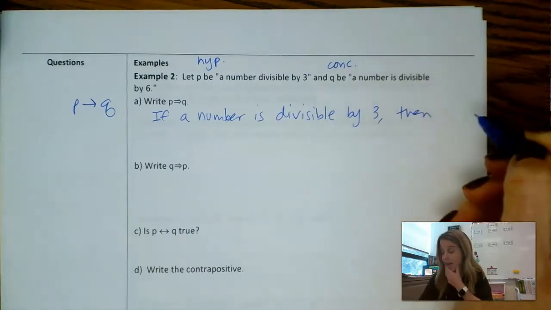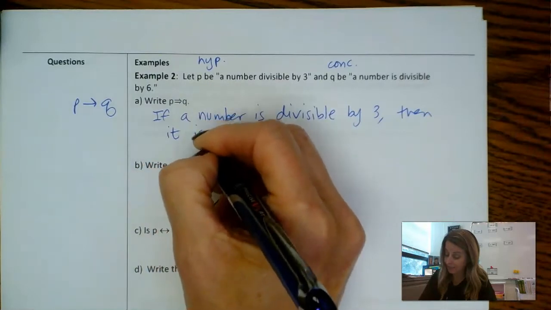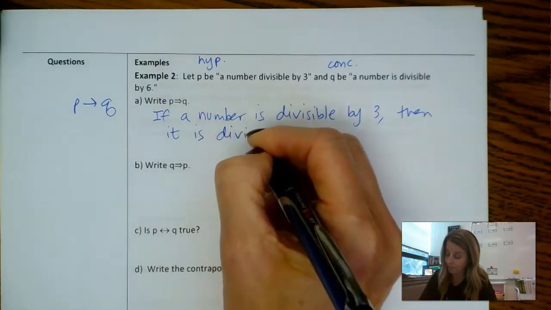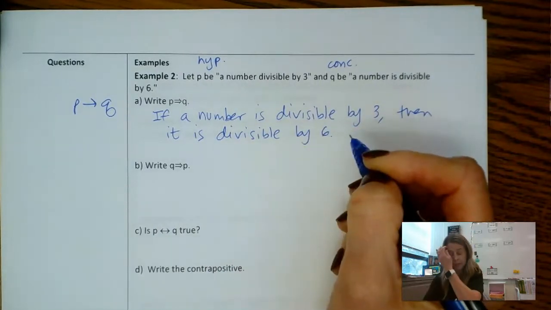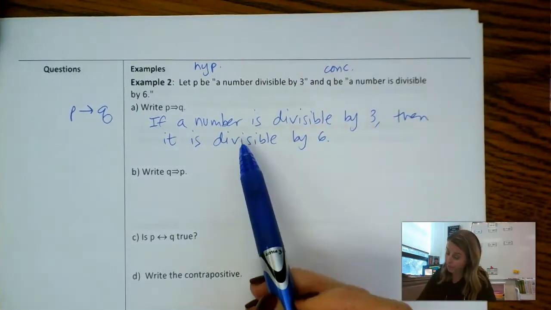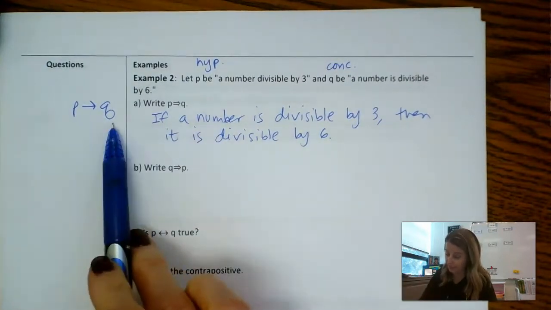Okay, so if a number is divisible by 3, then it is divisible by 6. If P, then Q.